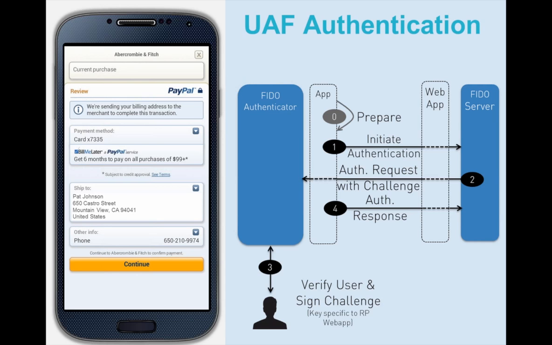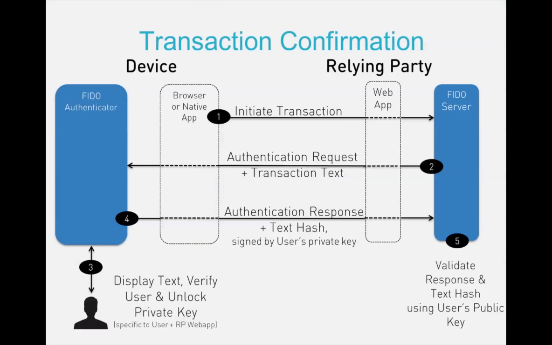In addition to that authentication, which essentially is a session authentication, FIDO supports a functionality which we call transaction confirmation. With transaction confirmation, the FIDO authenticator receives what we call a transaction text. This might be an image or a string, which essentially indicates what the user wants to do. In the case of a banking transaction, it might be, I want to transfer $10,000 to bank account 12345. This unique transaction text will first be displayed to the user, and then digitally signed.